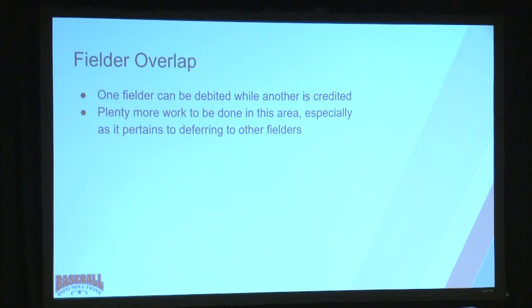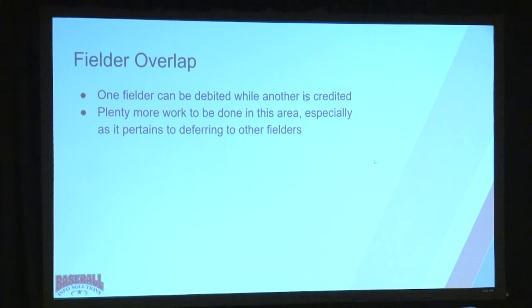So as I said, that's the first bullet on this slide. Don't need to repeat myself. We have this ability to debit and credit multiple fielders on the same play, which is not something I think other systems do. And obviously this is somewhat dangerous, given that oftentimes players will defer to another, or there's some kind of crazy situation on a play. So we're doing more research on this in the near future because it's something we're interested in as well.